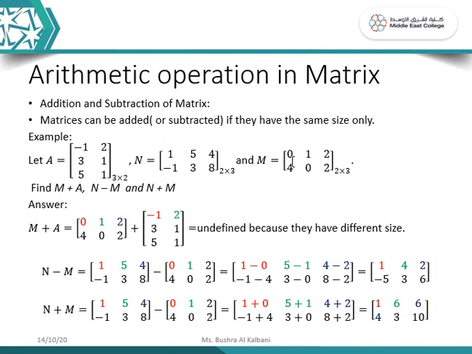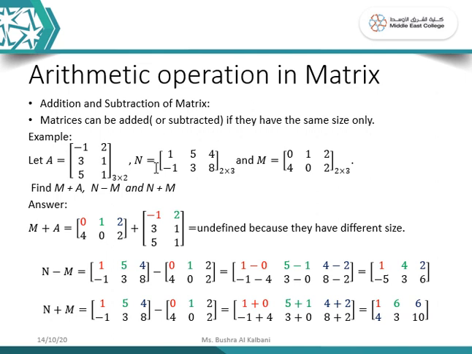If it has the same size, that means you can add them, otherwise no. For example here, if you see M and A, the size of this matrix is 3 by 2, and the size of this matrix is 2 by 3. 2 by 3 and 3 by 2 is not equal, so it is undefined, that means you cannot add them because they have different sizes.